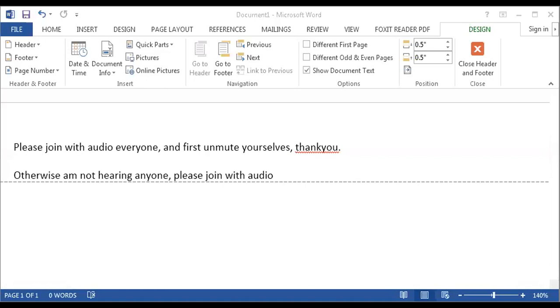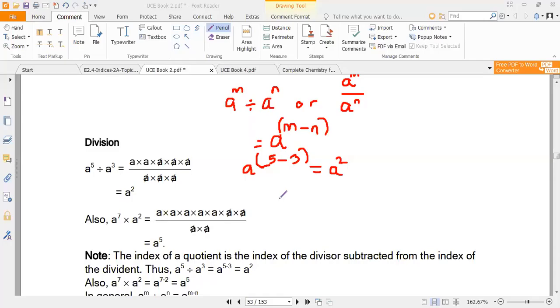Okay, let's go back to our lesson. Let's move on to the next law. The next law is the law of powers.